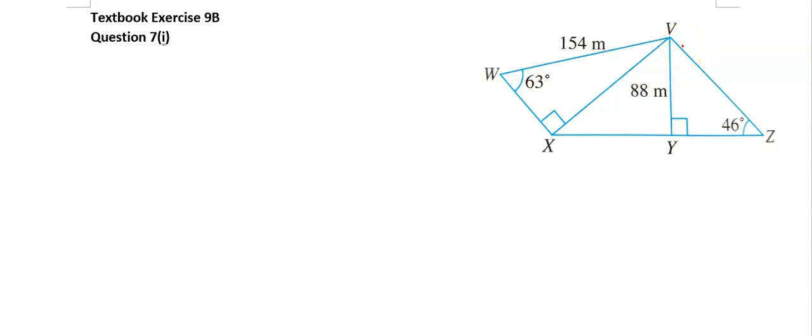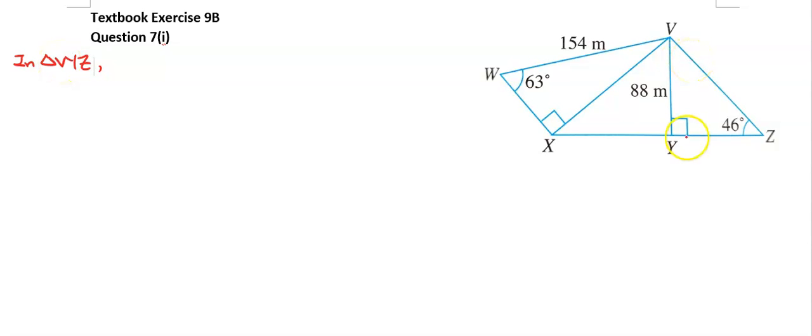If we look at the diagram, we can make use of this triangle VYZ to find VZ and YZ. So we find them one by one.